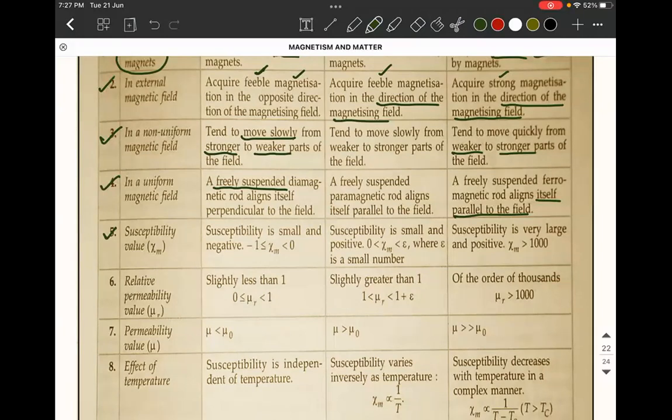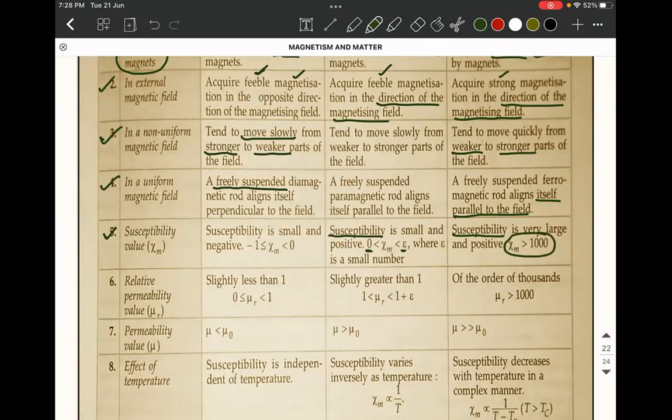The meaning of negative here is that it can never be magnetized because it will always repel the magnetic field. No, you cannot magnetize that material. Whereas the susceptibility of a paramagnetic substance will be a small number ranging between 0 to some number epsilon, which is a very small value. Whereas for a ferromagnetic substance, susceptibility is greater than 1000.